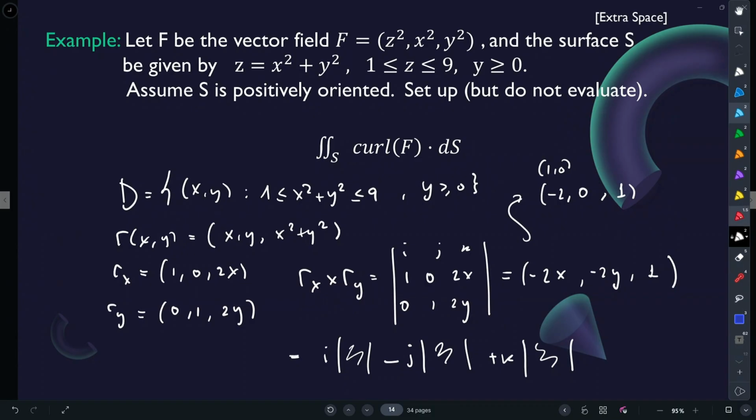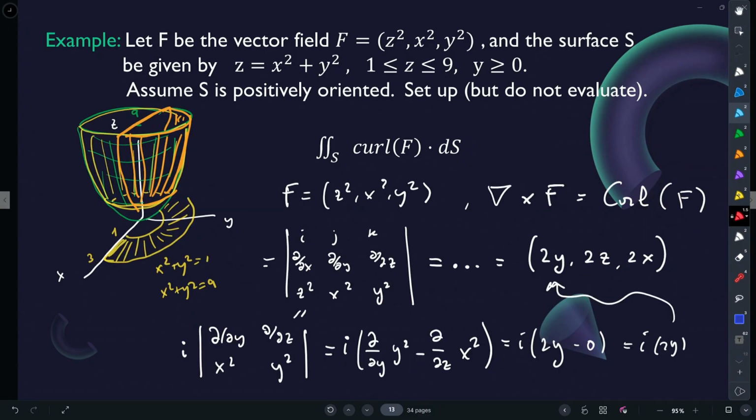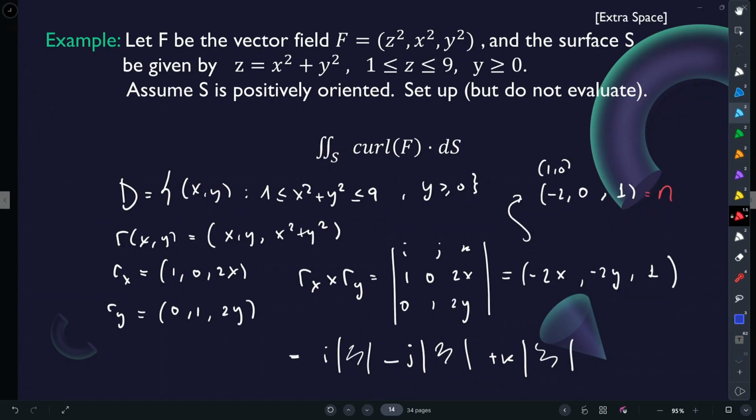As a normal vector. Okay, let's look at what that looks like. Where is (1, 0)? (1, 0) is this point right here, and that point corresponds to this point on the surface, and the vector is minus 2, 0, 1.